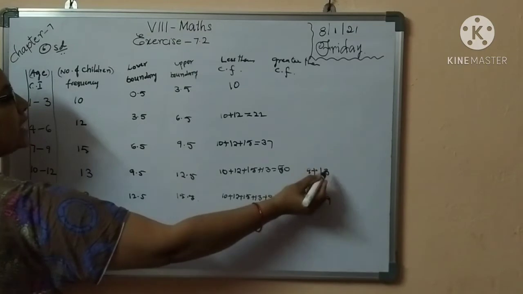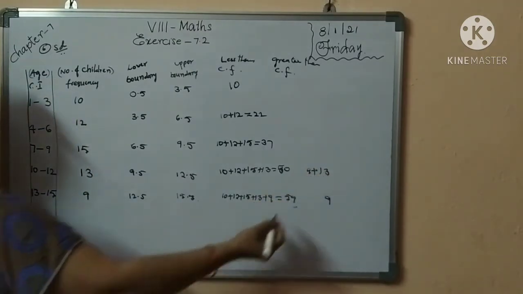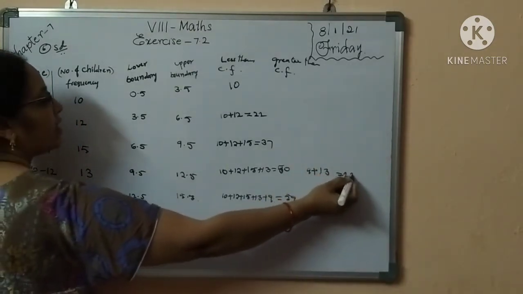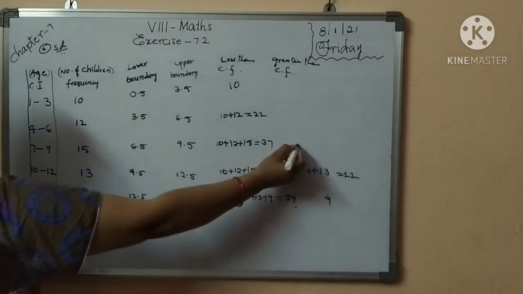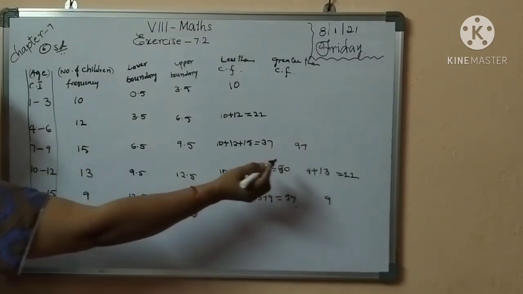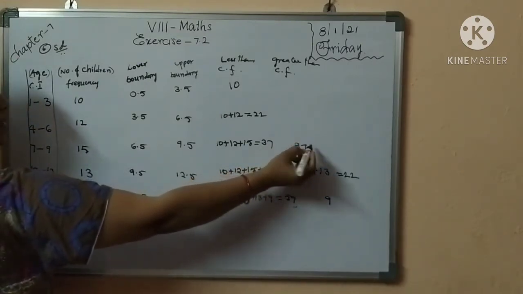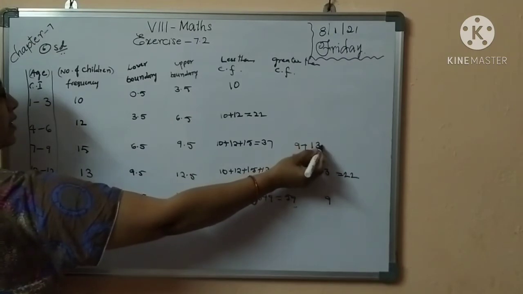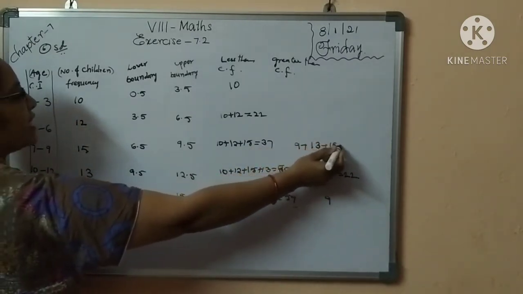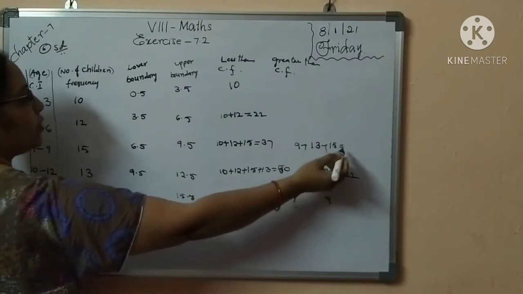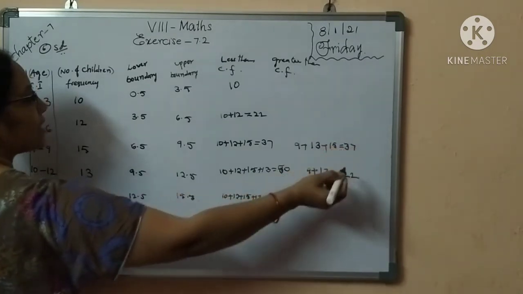9 plus 13 is 22. Next, 22 plus 15 is 37.